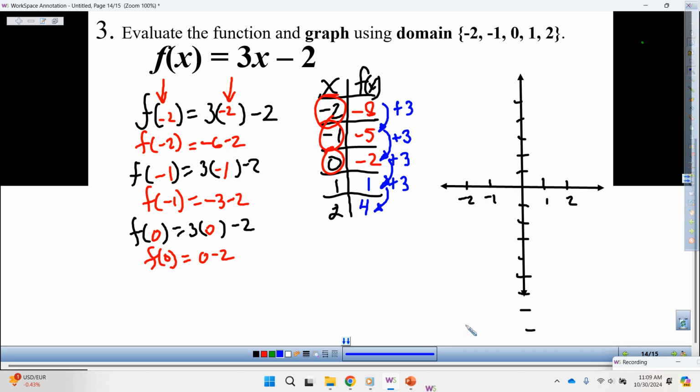So we got -2, -8, -1, -5, 1, 2, 3, 4, 5, 0, -2. 1, 1, and 2, 4. All right, we good? All right, copy the agenda, please.